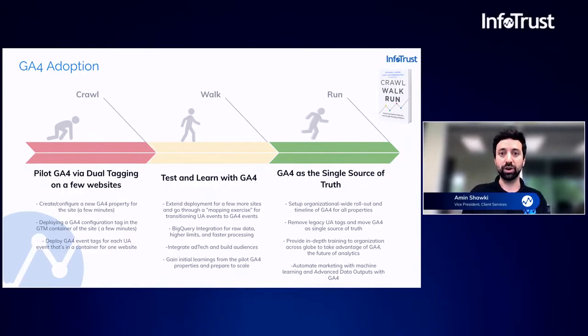Essentially, look at what we should be doing now and continue to progress our analytics maturity so that we can make GA4 our single source of truth and leverage all those amazing capabilities. I'm not going to go into detail through each of these steps, but this is an outline: if you're just getting started with GA4, you don't need to completely scrap, and we don't recommend completely eliminating, your current measurement solutions, or the current GA, Universal Analytics.